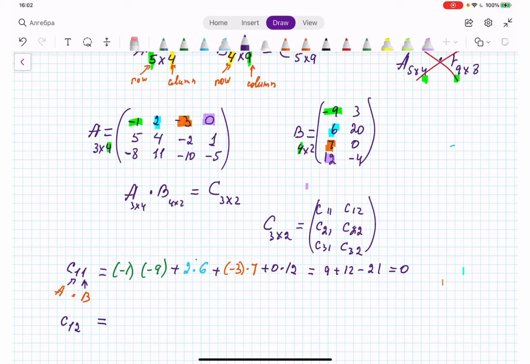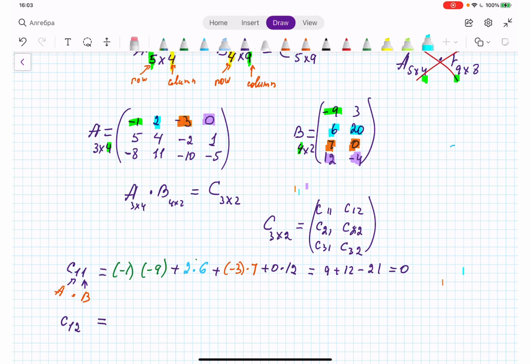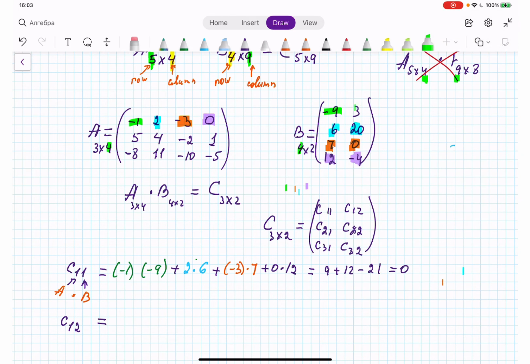Okay, so it's going to be the same way. Let me use the same colors. So let's start. First we multiply -1 by 3.